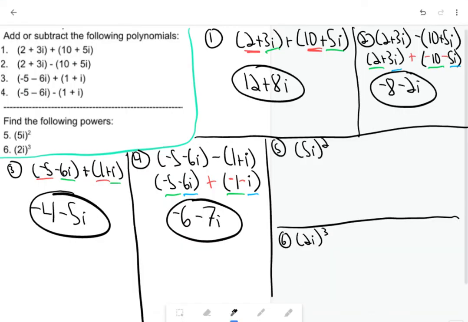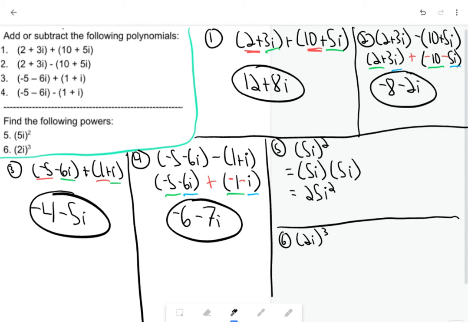So you might remember number 5 is very similar to an example we did in the last lesson. The imaginary number 5i squared, what that means is to take that number and multiply it by itself, which means 5i times 5i. If I multiply that out, 5 times 5 is 25, and i times i is i squared.